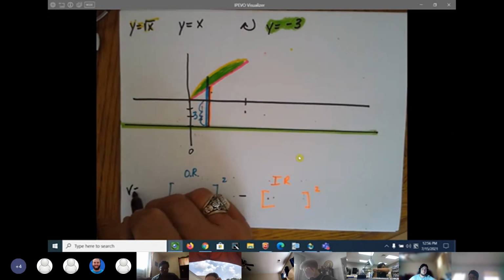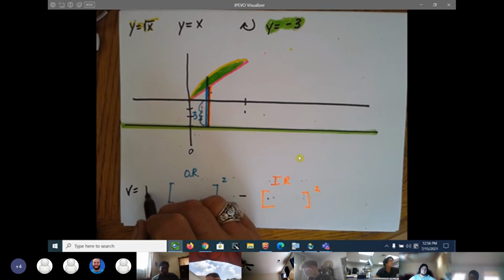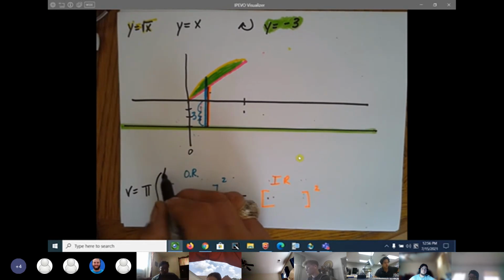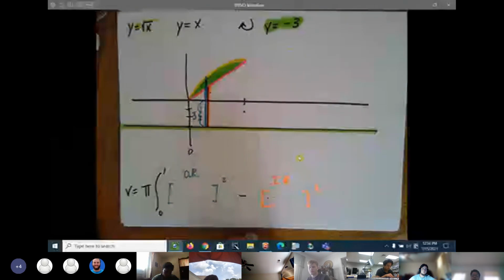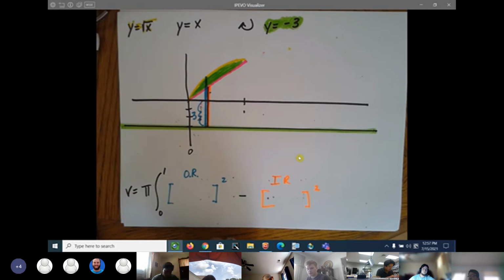And we have volume pi times antiderivative from 0 to 1. All right, I want somebody to give me the nomenclature for the outside radius of this problem. I already gave you the square, so you just got to give me what goes inside. Square root of x plus 3. 3 plus the square root of x.